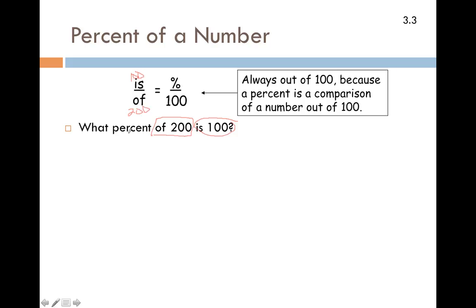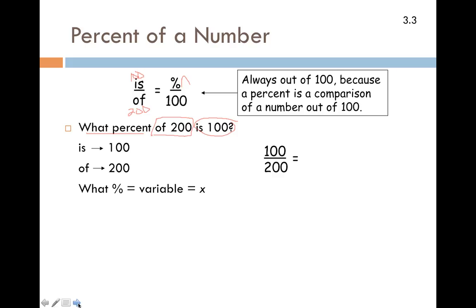Now, it says what percent. So the variable in this case is going to be the percent because that's what we don't know, so it is the variable. So in this case, that will be the n. So we'll put an n there. Okay, so that's the way this problem will work out.